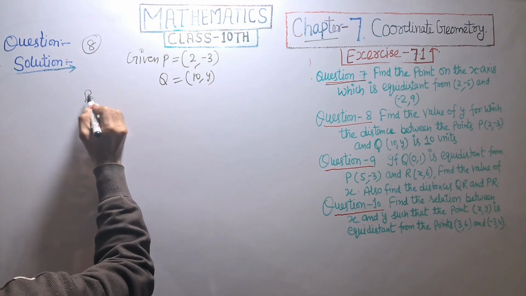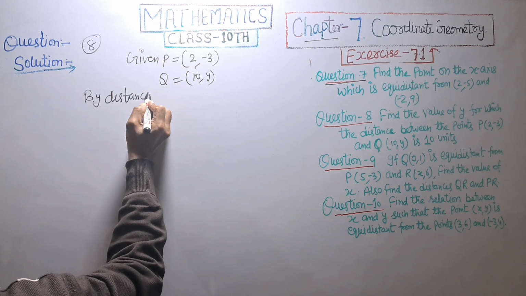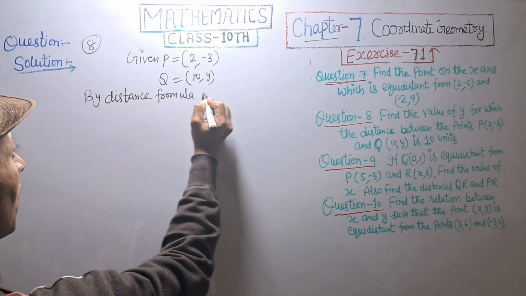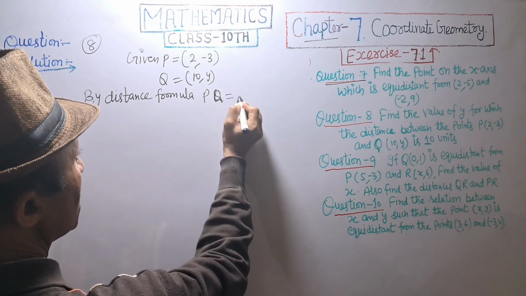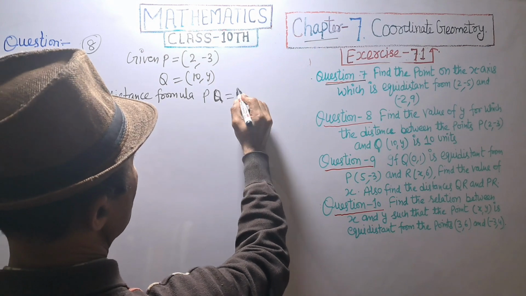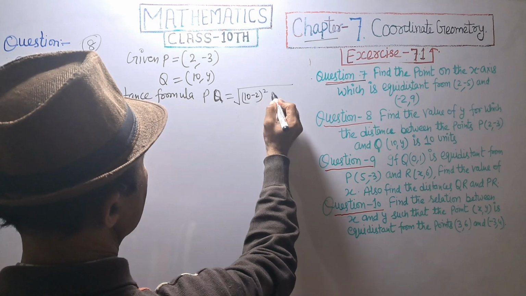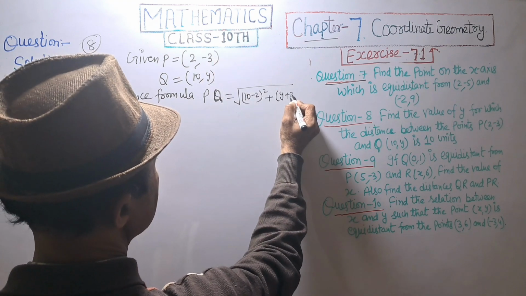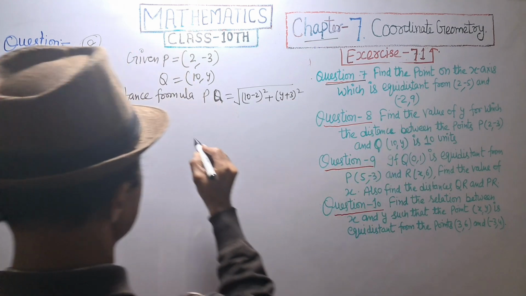By distance formula, PQ is equal to under root of (10 minus 2) square plus (y plus 3) square, and that is equal to 10 units.